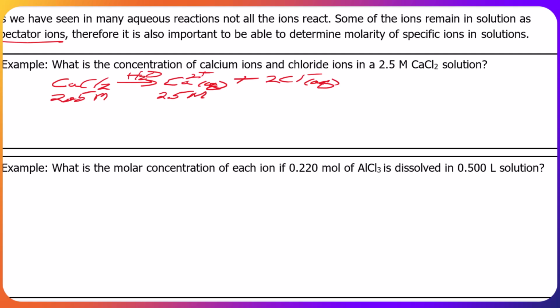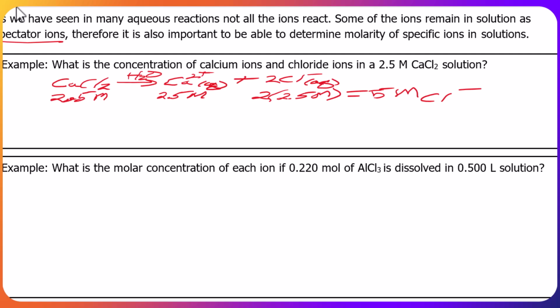But take a look, you've got twice as many chloride ions, so that's going to be 2 times 2.5 molar, or a 5 molar solution of chloride ions.